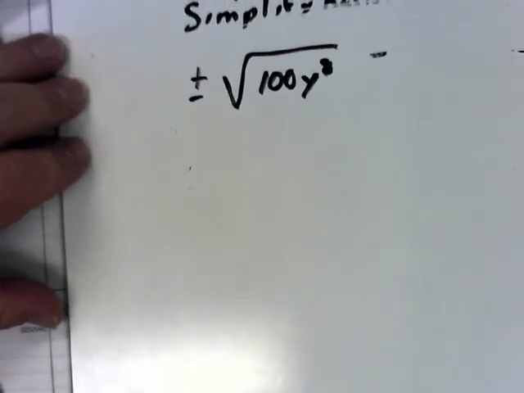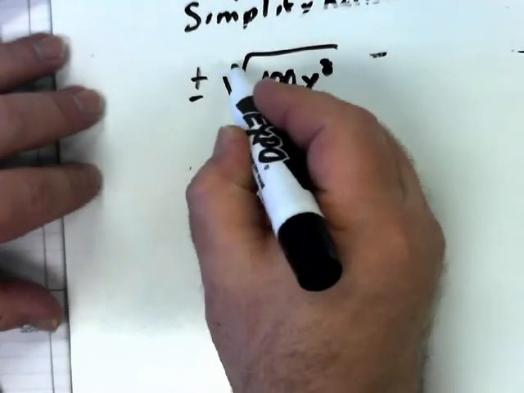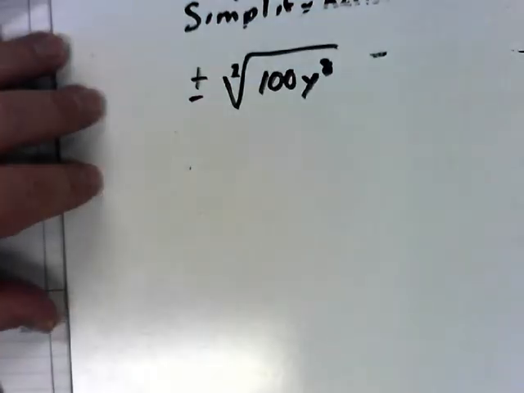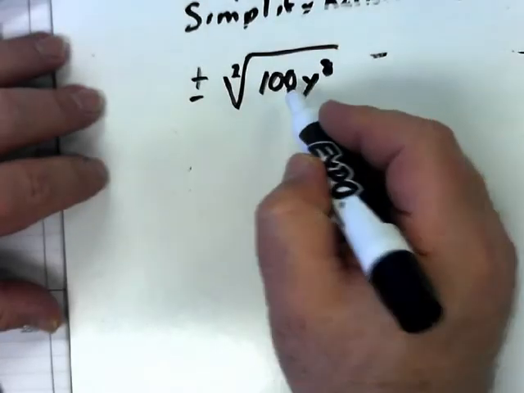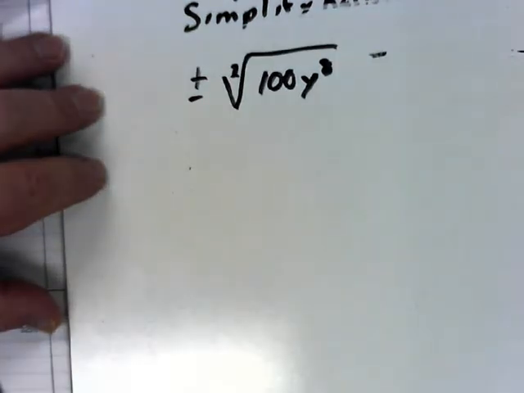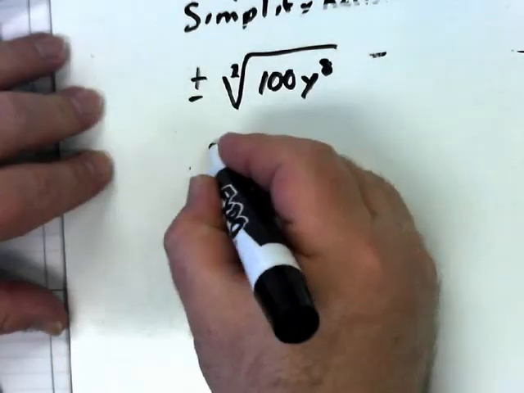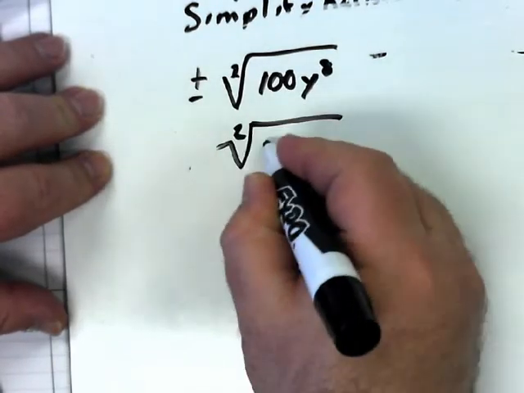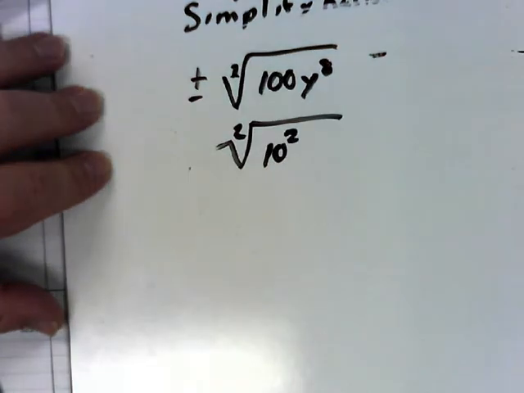Square root of 100 y to the 8. We got an even index again, don't we? Right, of 2? Can I rewrite 100 as something that's squared or has an even exponent? I'd say I could. How about 10 squared?